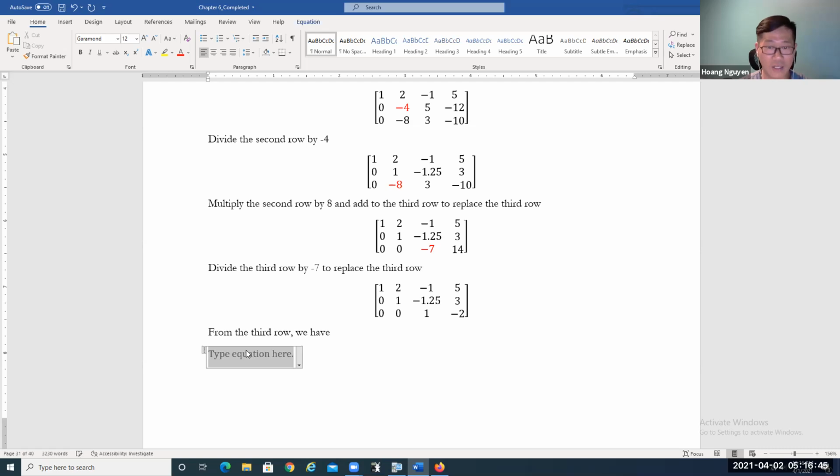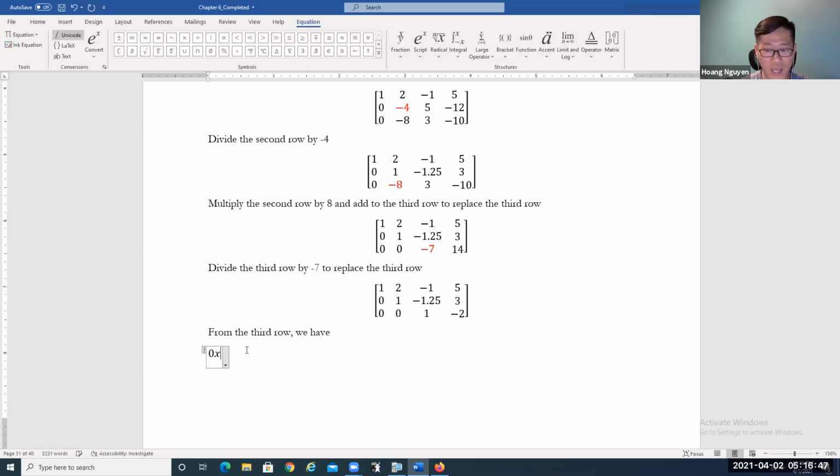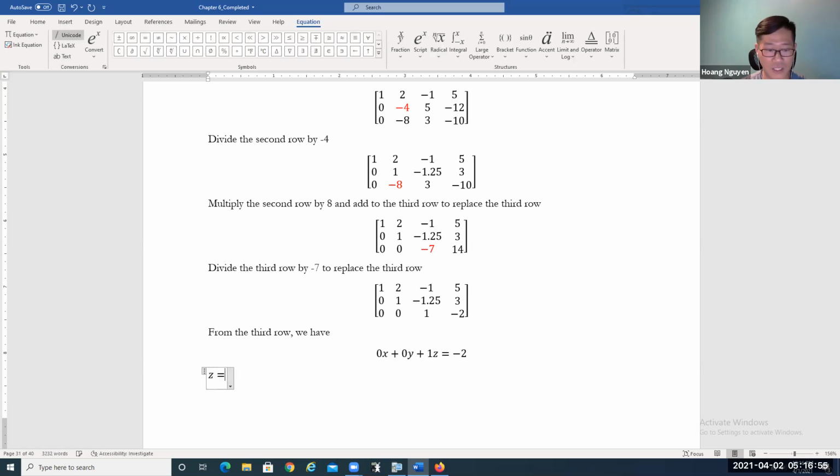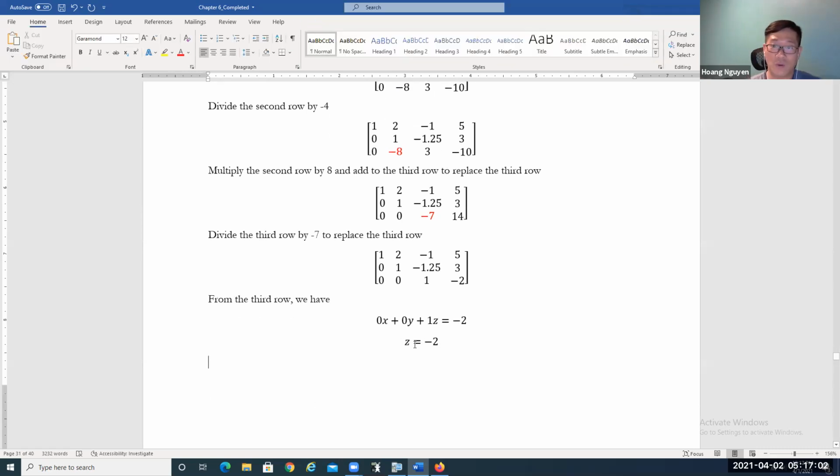From the third row, we have 0x plus 0y plus 1z is equal to negative 2. So we have the solution for the first variable, z is equal to negative 2.